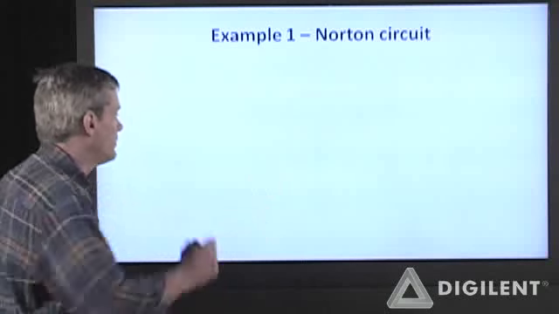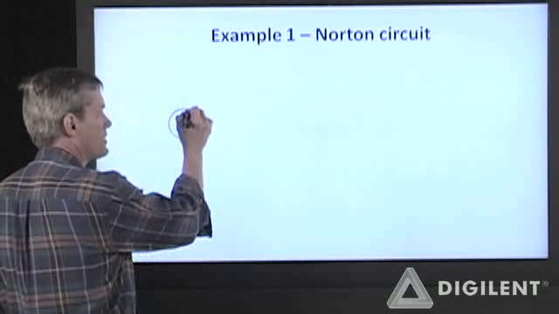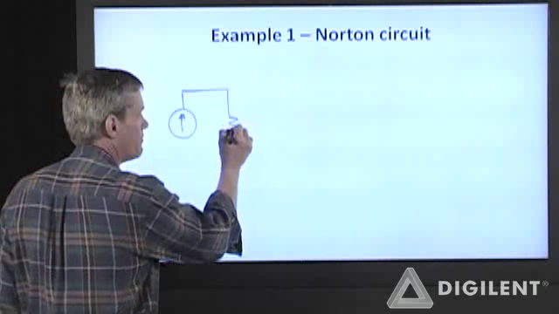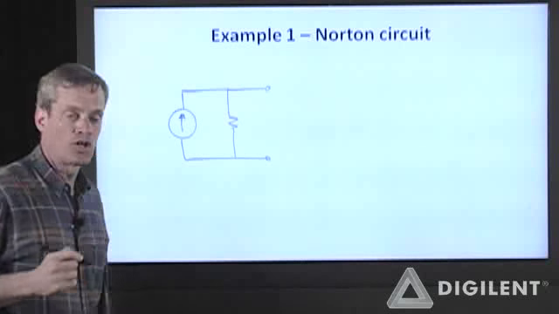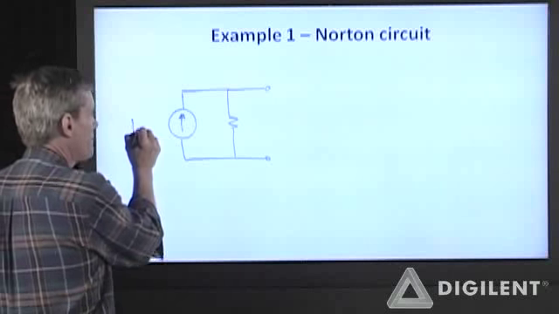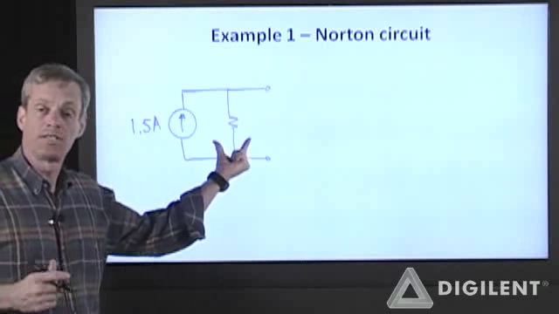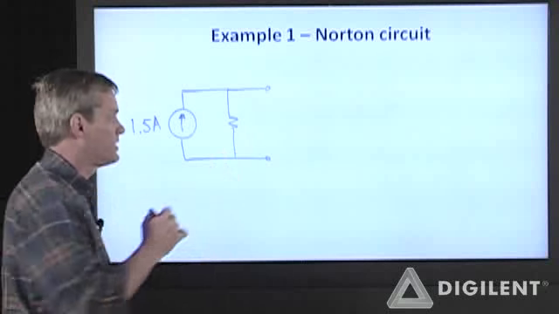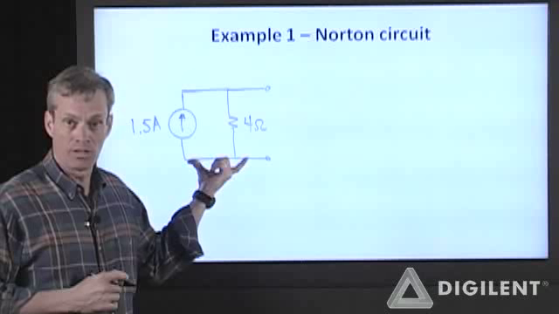So my Norton equivalent circuit consists of a current source in parallel with a resistance with these terminals. This current source is I sub SC, which I found to be 1.5 amps. The resistance is just our old friend, the Thevenin resistance, which we determined was 4 ohms. This is my Norton circuit.